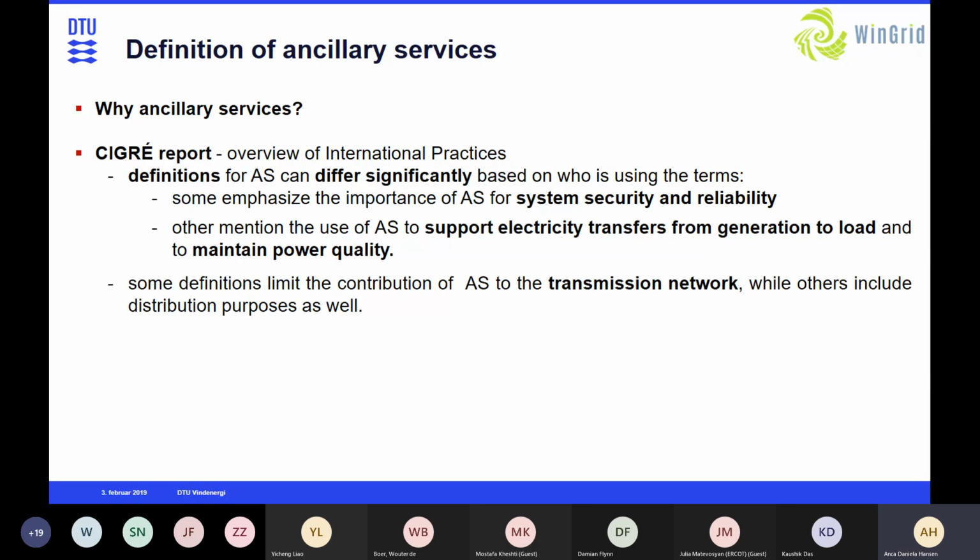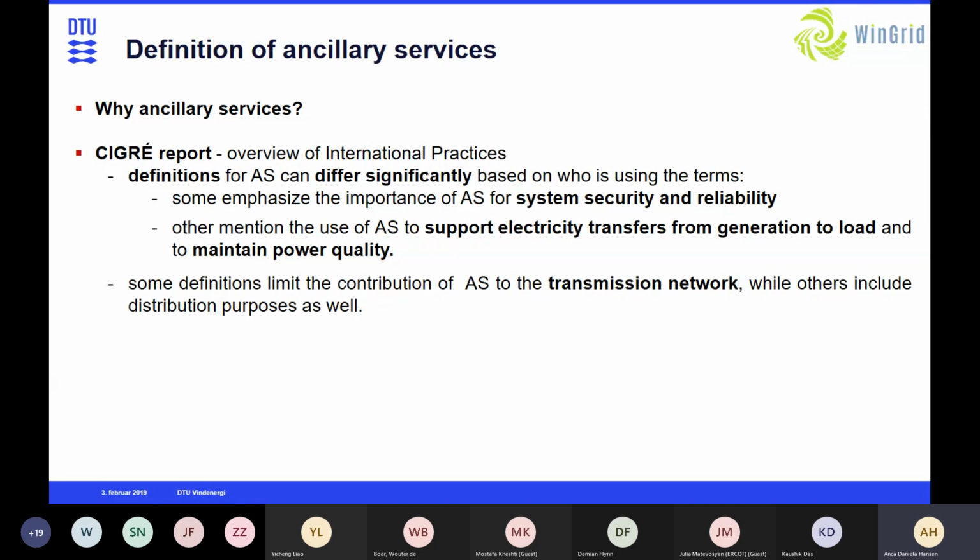So why ancillary services? You have heard that several times. To summarize, ancillary services have as their goal to ensure that the power system operates securely and that there is reliable, high quality power supply to the customer.